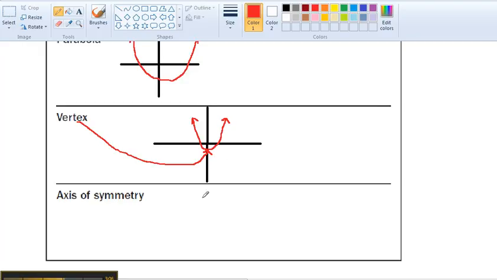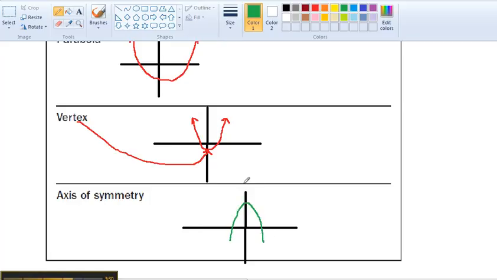And then finally we have an axis of symmetry. So for an axis of symmetry, here's what this looks like. It's going to be the coordinate plane again. And by the way, I'm writing this so you can save writing a bunch of words. Axis of symmetry might look something like this. I'm going to do an upside down parabola this time. So I'll do it kind of like this.